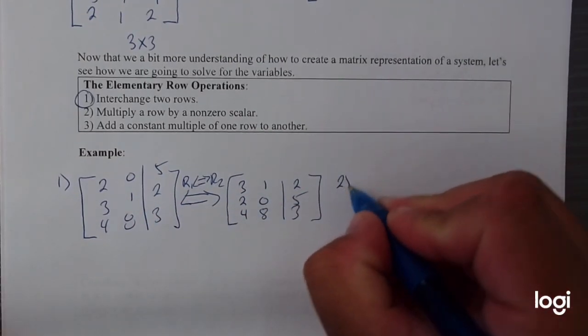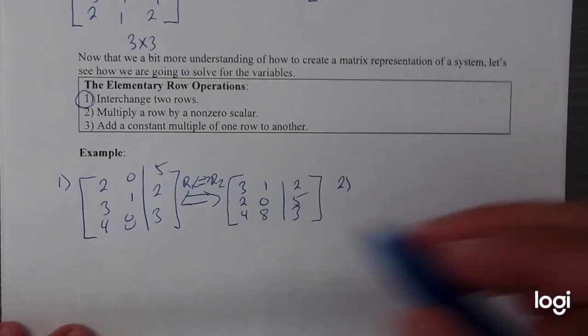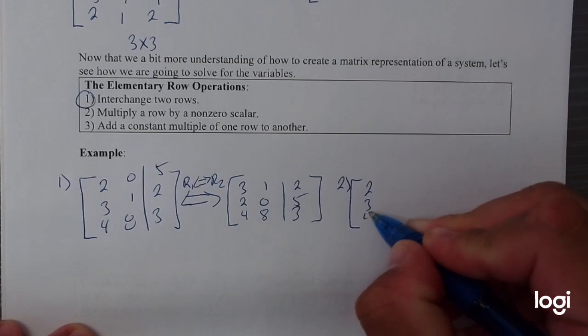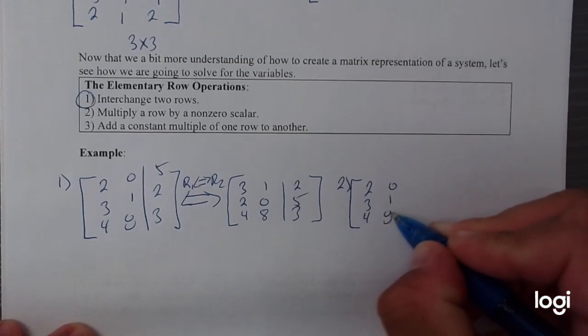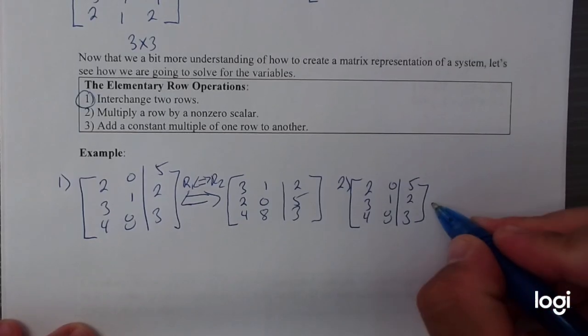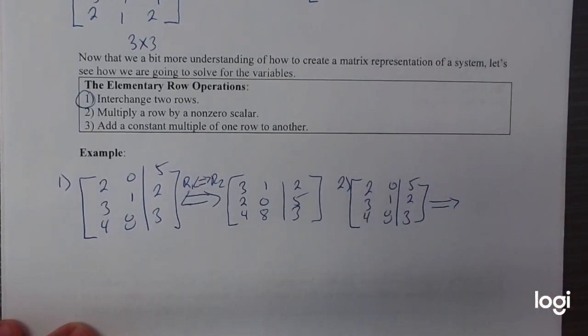Now we go on to number 2. Number 2 says I can multiply any row by a non-zero scalar. So again, if I just go back to our example before, okay. And now I can multiply any row I want by a number that's non-zero. So 1/2, 5, 4, anything like that.